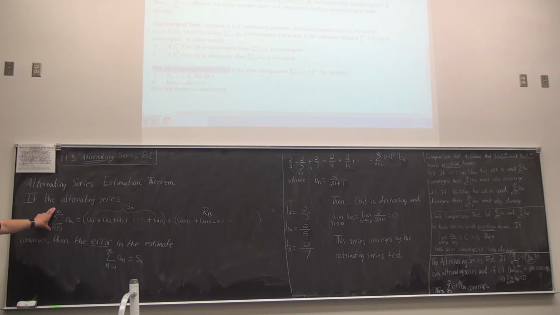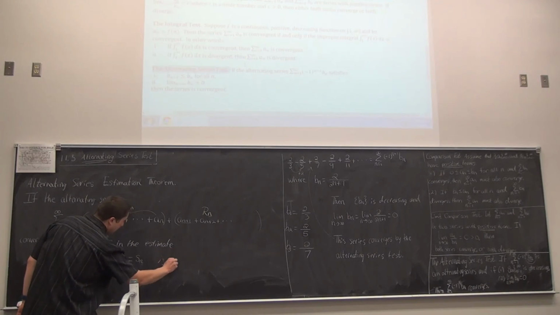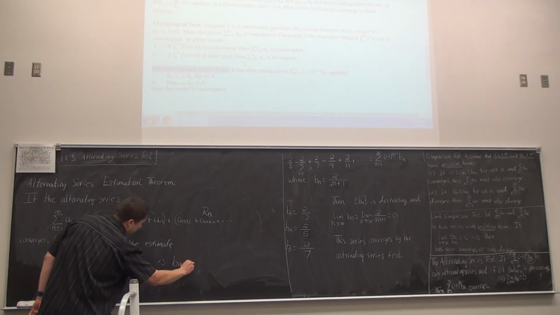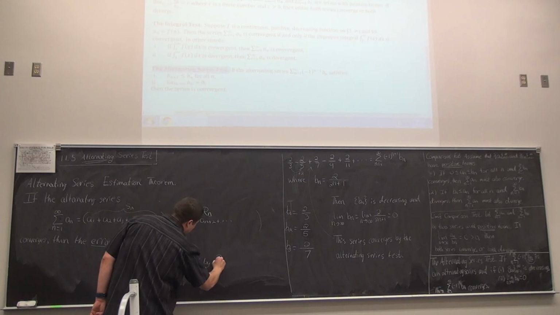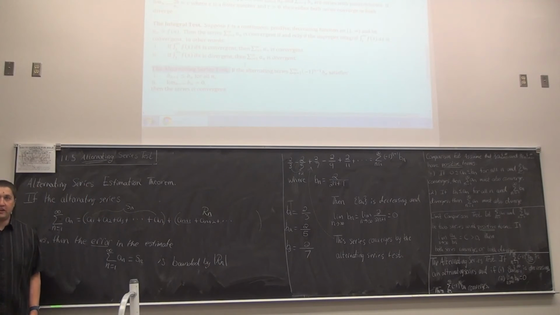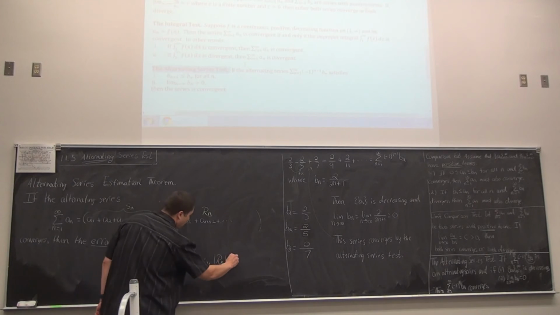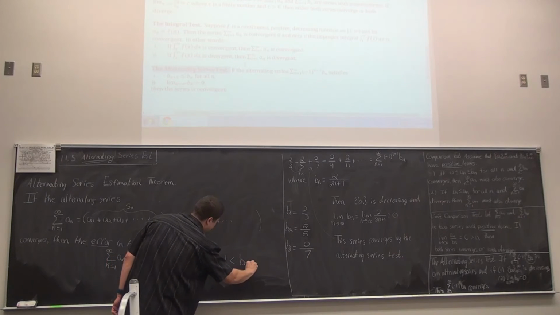Okay, that's a lot of words to say all that. So if the alternating series, so first of all, it has to be alternating. If it converges, then the error in this estimate is bounded by Rn for the error. We're bounding it, so it can either be a positive error or a negative error, and it's always smaller than Bn plus 1.